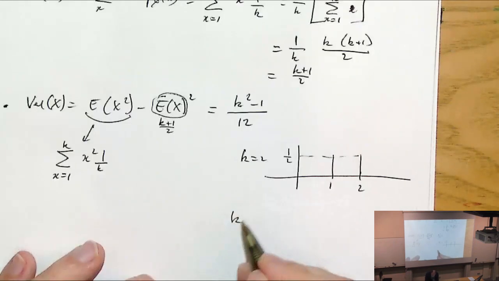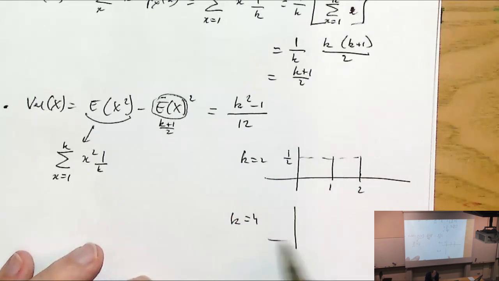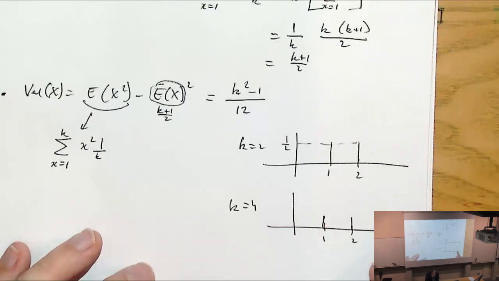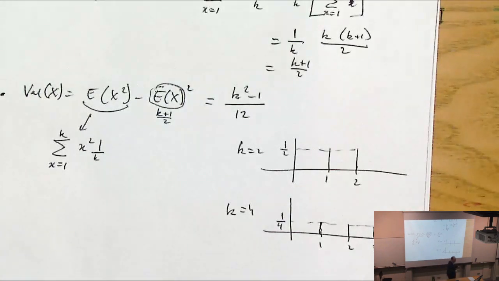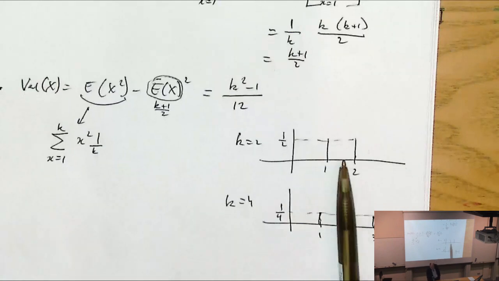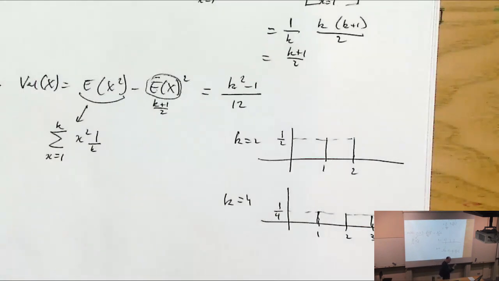If I take k equal to 4, I have 4 values, and each of those probability masses is equal to 1/4. So as you increase k, the distribution becomes flatter and more spread around its mean. The mean is where the distribution is centered, and the variance is the spread of the distribution around its mean.